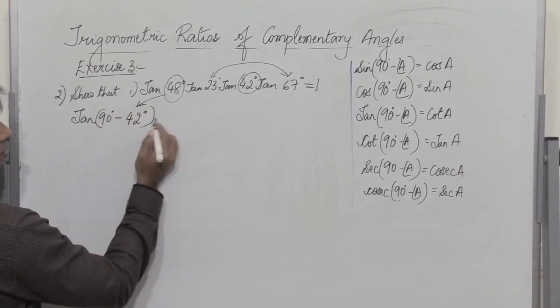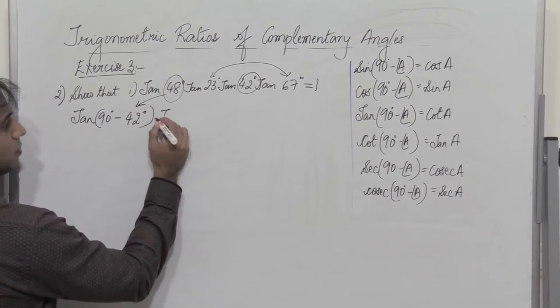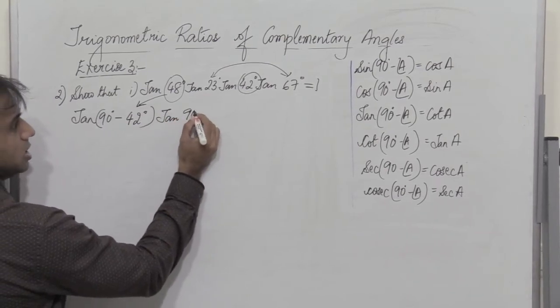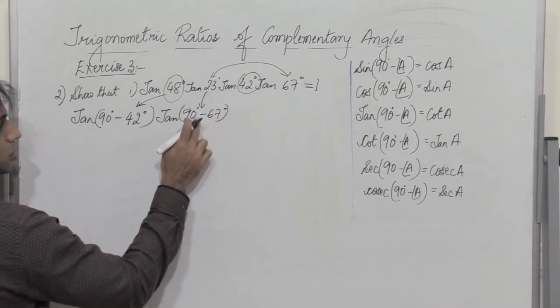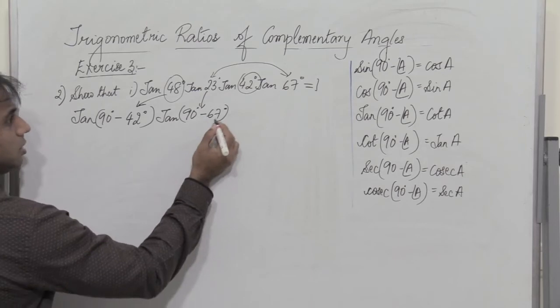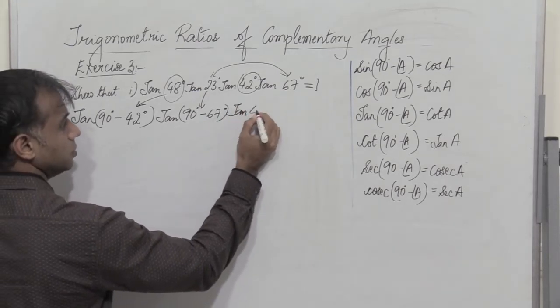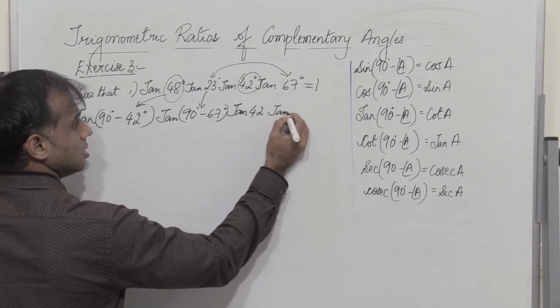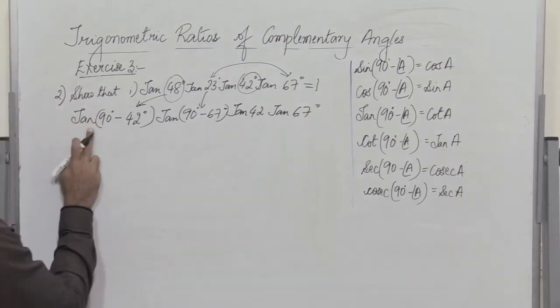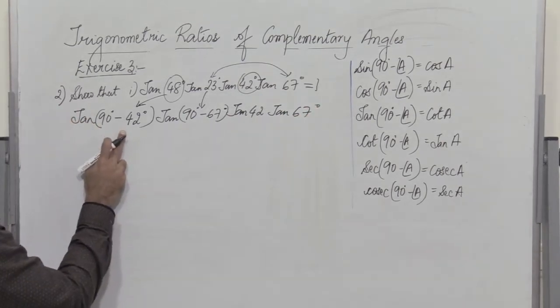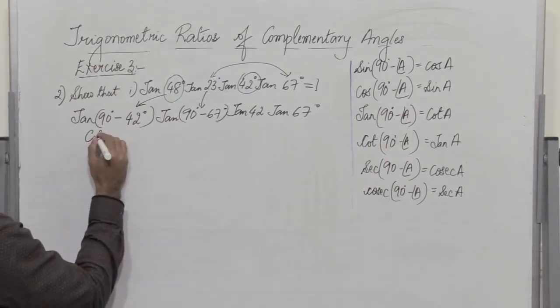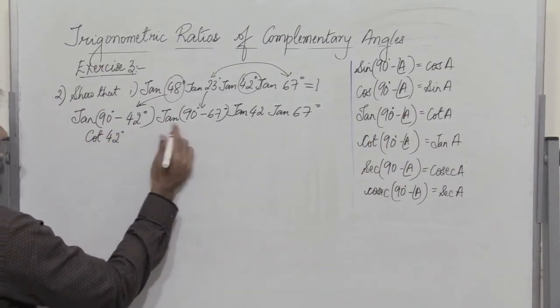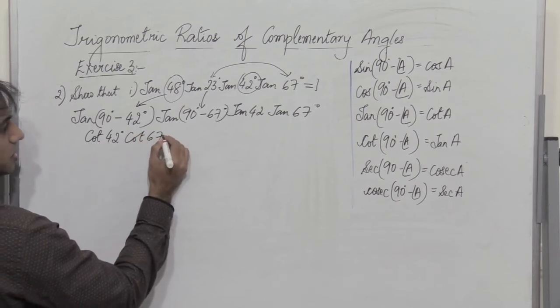Now let me convert this one too: I can write this as tan of 90 minus 67, so 23 is 90 minus 67. Then of course I have tan 42, tan 67. Now what is tan of 90 minus 42? Tan of 90 minus A is cot A, so this is cot 42. This is again cot 67.